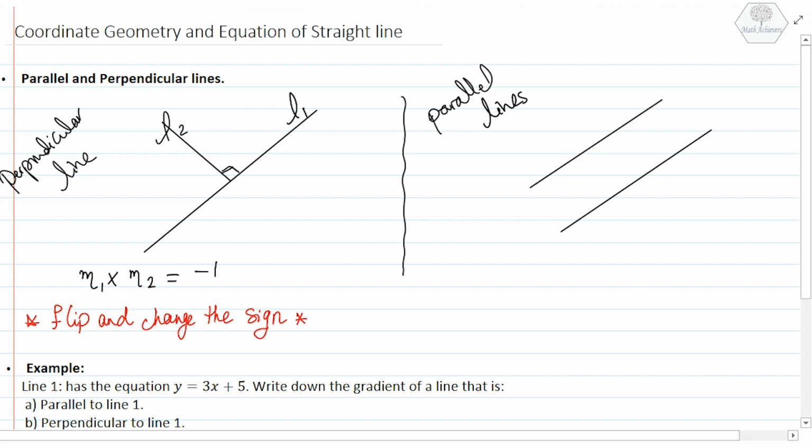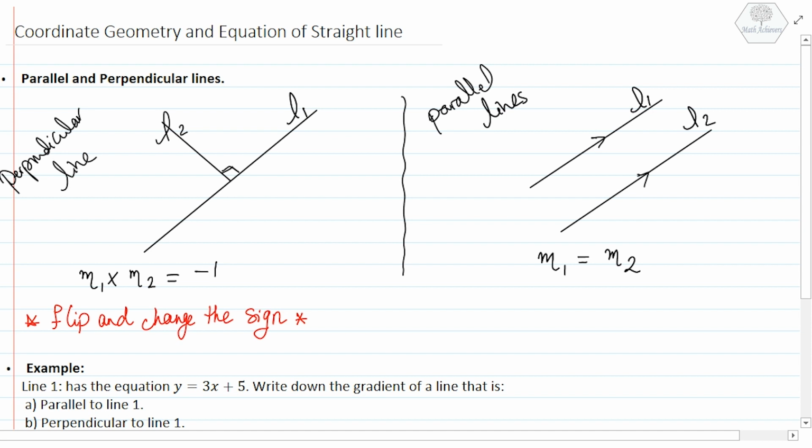These lines are parallel. This is line 1 and this is line 2. For parallel lines, the gradients are always equal. So the gradient of line 1 is equal to the gradient of line 2.